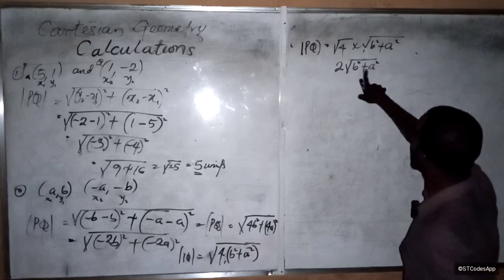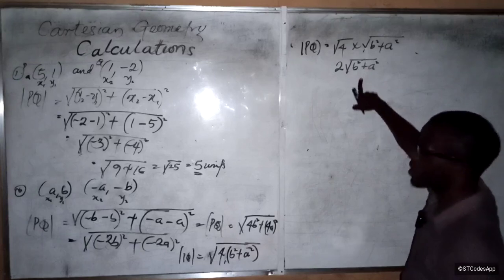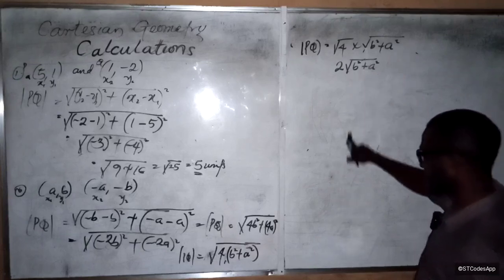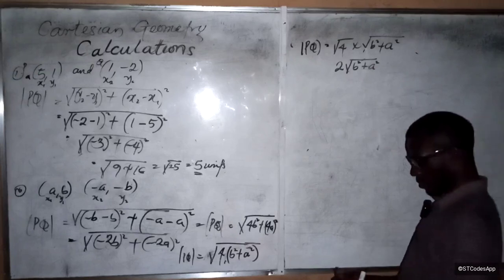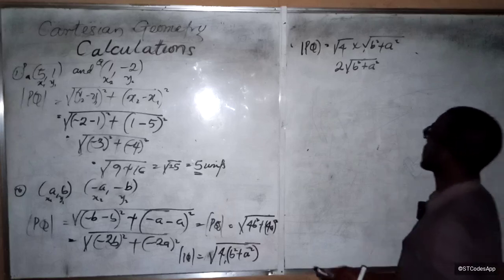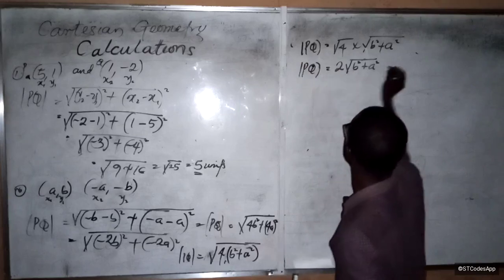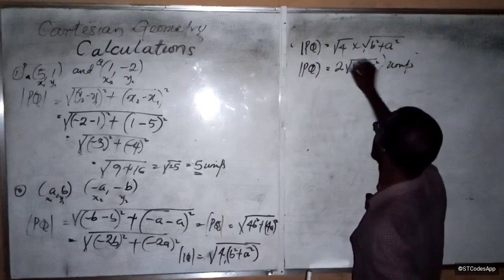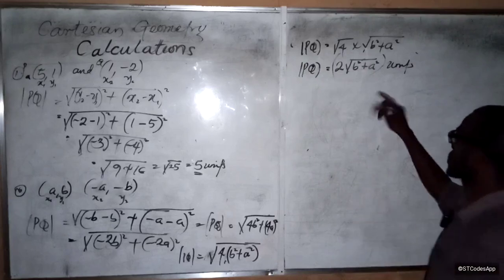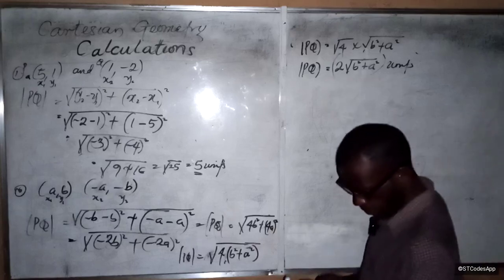We could just leave our answer this way. So line PQ will be equal to this in units, plus or minus this. We could leave the answer this way.